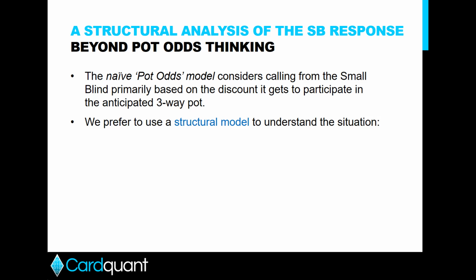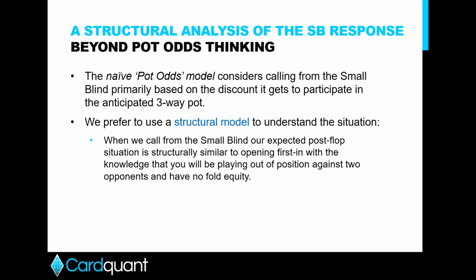If you have pre-flop principles from PokerMath 2020, then you'll be very familiar by now with the need to use a tight opening range from under the gun. Now, when we call from the small blind, our expected post-flop situation is structurally similar to opening first in, but opening first in with the prior knowledge that you'll be playing out of position against two opponents and have no fold equity.